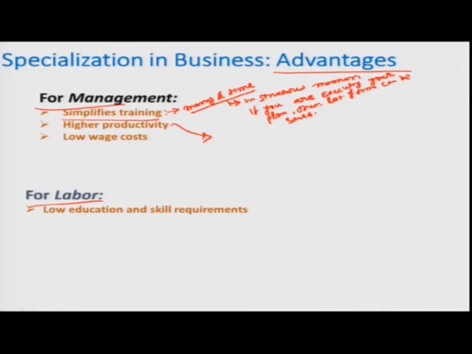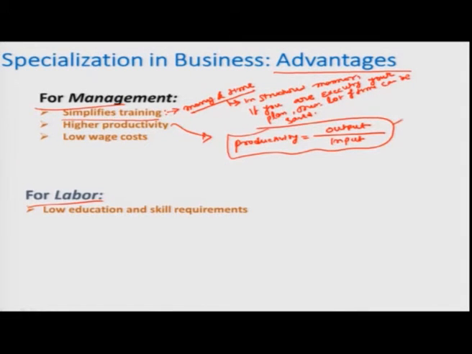Okay. Higher productivity: proper job design results in higher productivity. What is productivity? Productivity is the output of your organization for a certain input. And productivity may be in the form of time, money, worker efficiency, etc. So, proper job design results in higher productivity and low wage cost.